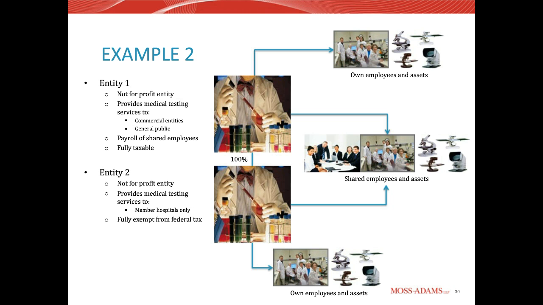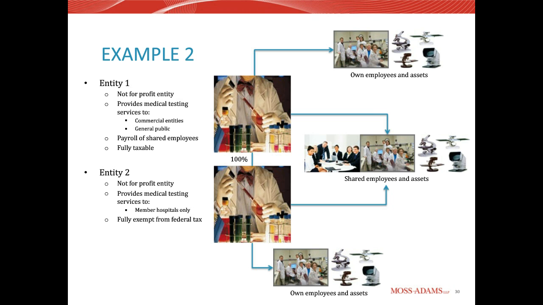Now, Entity 1 provides medical testing services to commercial entities and to the general public, and therefore it ends up being fully taxable. The second entity performs the same testing services, but it does so for the group's member hospitals. And since those member hospitals are themselves tax-exempt entities, this Entity 2 in our structure is considered to be fully exempt from income tax.